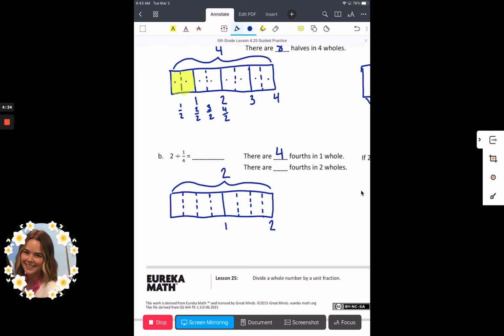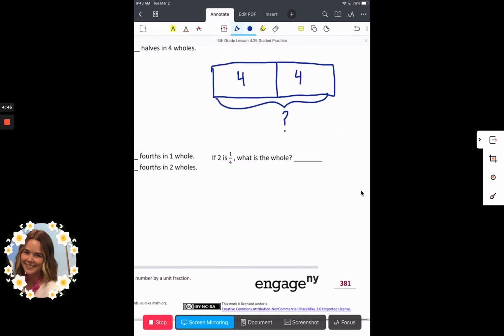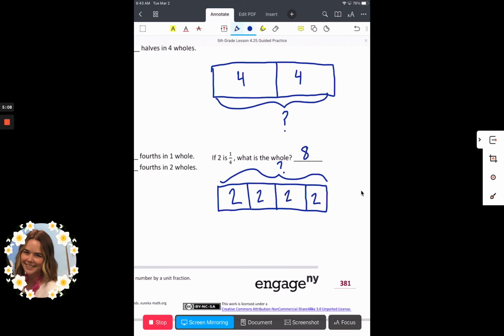So in 2 wholes, we have 4 plus 1, 2, 3, 4 more, and we have 8/4. So then on the flip side of that, if 2 is 1/4, what is the whole? So if we have our whole, we don't know what it is, but 1/4 of it is 2, then that means that all of these other pieces are also 2. So in total, we have 8.